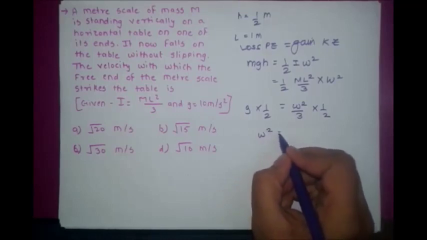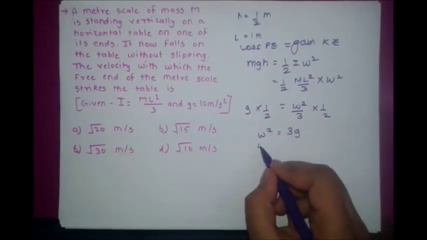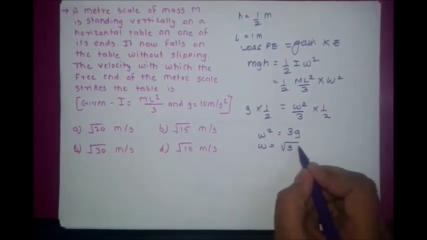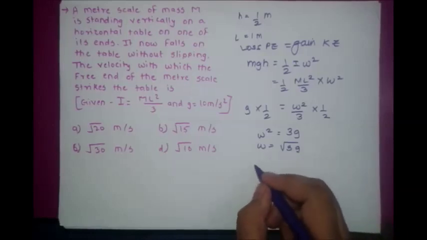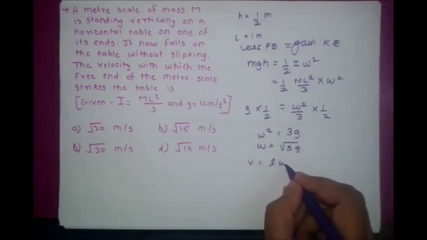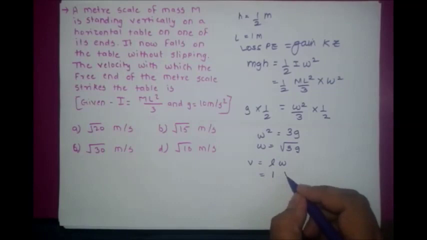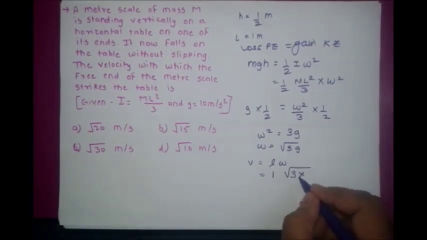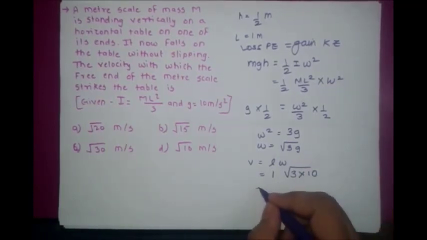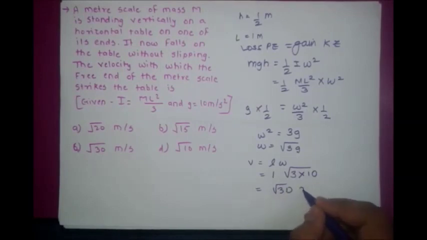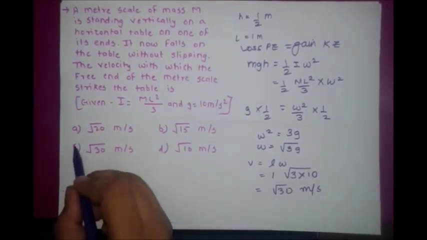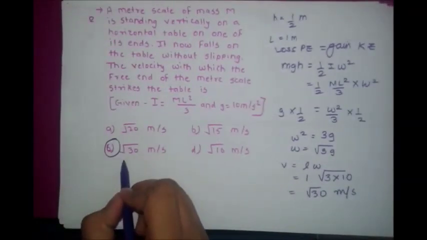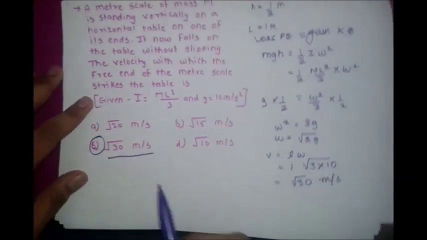So omega square is equal to 3g. Omega is equal to square root of 3g. V is equal to L into omega. L is 1 and this is square root of 3 into 10, which is equal to square root of 30 meter per second. So option C, square root of 30 meter per second is the correct answer.